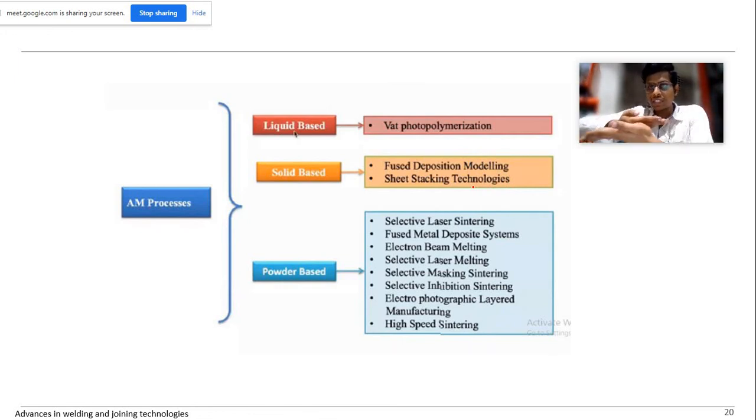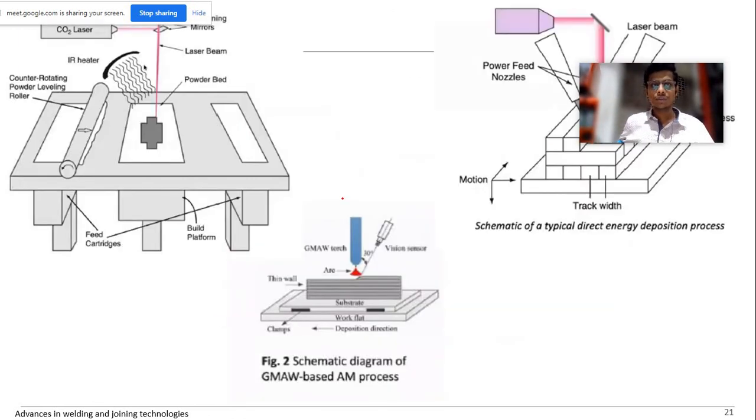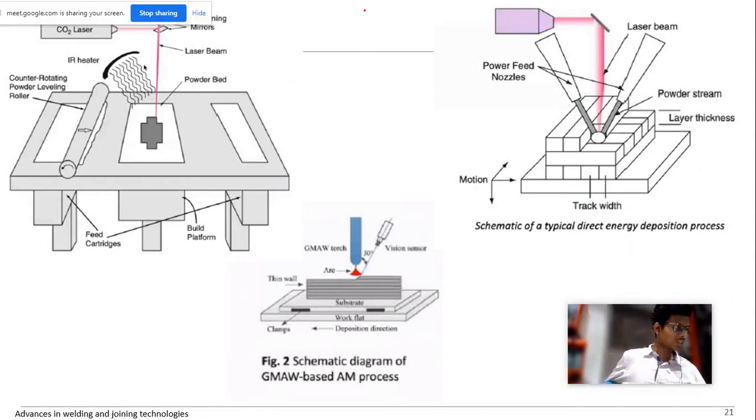Initially there will be a plain sheet, we'll stack it and we'll cut it as per the required dimension. We'll get the required shape, and there will be various joining technologies, means various bonding mechanisms, for sheet stacking technologies. So these are the things. I don't want to go further. I will just show you some schematics.